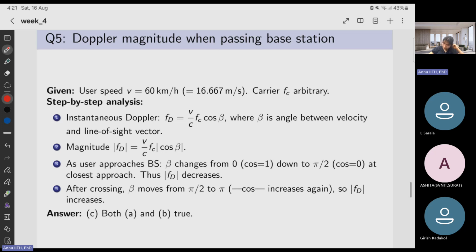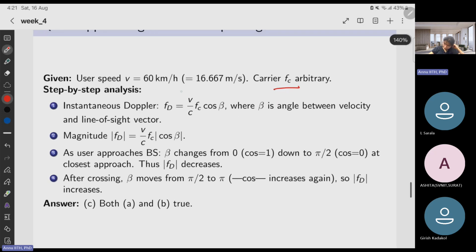So this was one of the problematic examples, and this was also one of the problematic examples. In that case, the values were given. The user's speed V is equal to 60 kilometers per hour, and the carrier frequency is arbitrary. Then how will you calculate? We know FD is equal to V by C into FC.